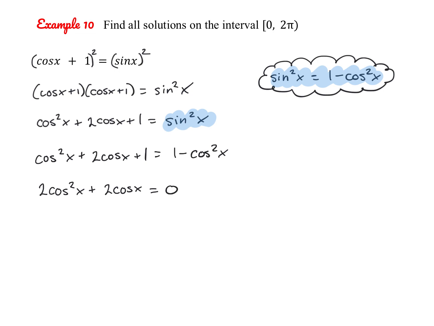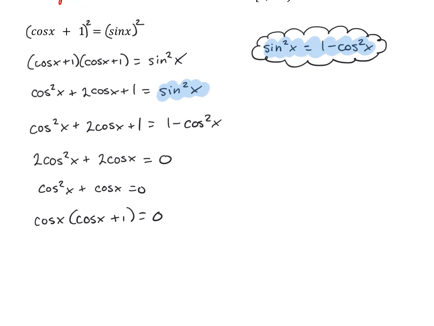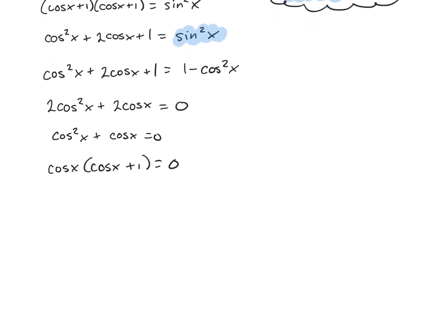And then I'm going to divide both sides by 2, or you could factor it out. Either way is fine. And we can factor this further. Cosine of x times cosine of x plus 1, GCF of cosine of x. And then we can just finish solving using the zero product property. So when cosine of x is equal to 0 and cosine of x plus 1 equals 0.